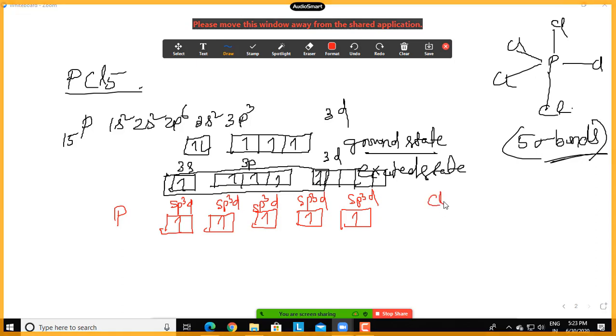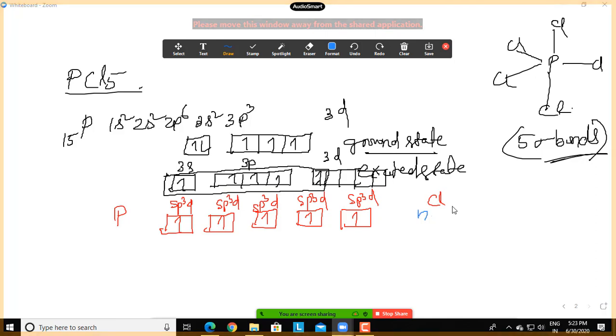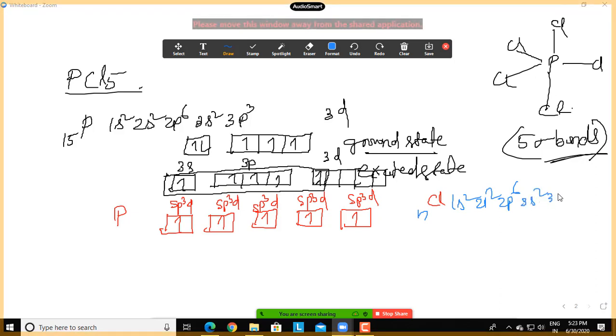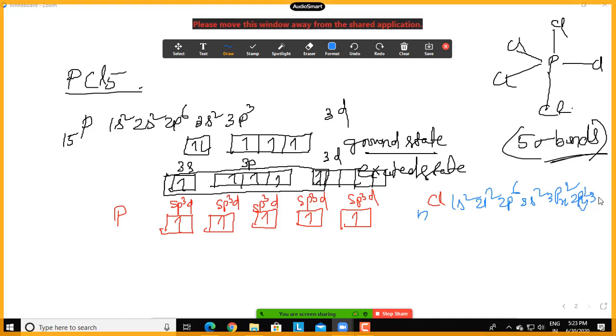So let us write the electronic configuration of chlorine. Chlorine 17: 1s2, 2s2, 2p6, 3s2, 3px2, 3py2, 3pz1. So 3pz1 you can also write as 3px1 by making 3pz2, or 3py1 making 3px2 and 3pz2.